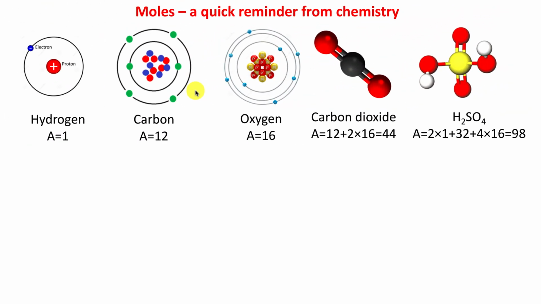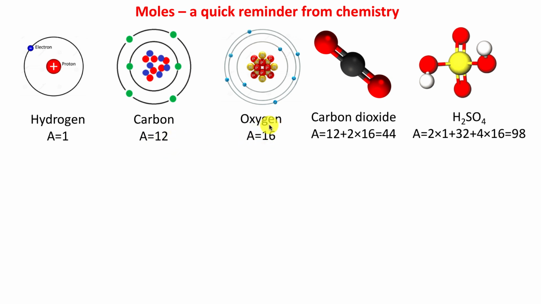Now, before I proceed to give examples of specific heat calculations, let's review our understanding of what the chemists call moles. Okay, so here is hydrogen, which has got just one nucleon in it, one proton. Carbon has got 6 protons and 6 neutrons, so it has 12 nucleons.